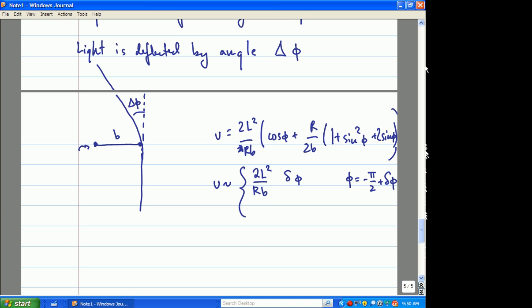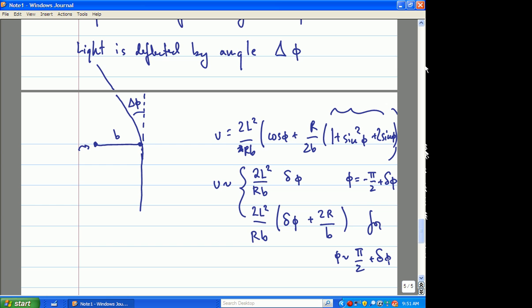But if you now look at phi being close to plus pi over 2, then we have delta phi again coming from the cosine phi, but we also have a correction coming from this 1 plus sine squared phi plus 2 sine phi term, which to first order in delta phi is equal to 4. So that's plus 2r over b. And that's for phi approximately equal to pi over 2 plus delta phi.